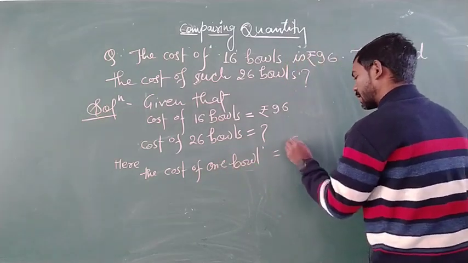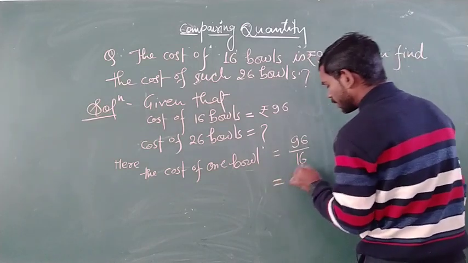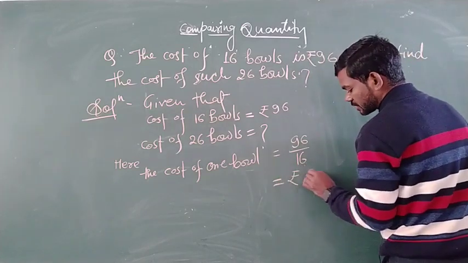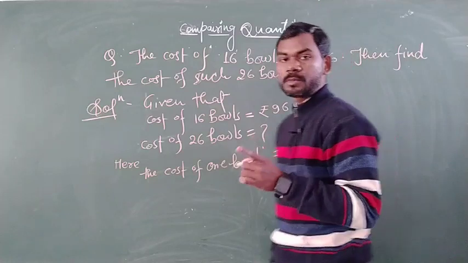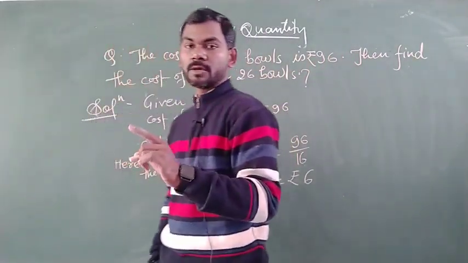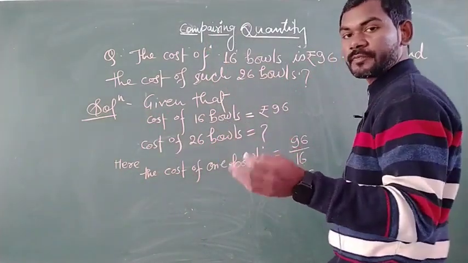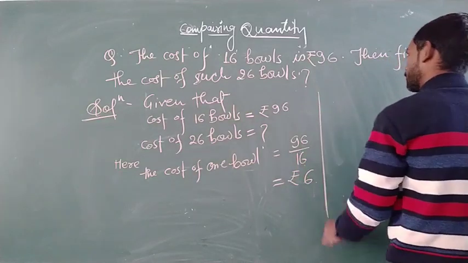So here 96 is divided by 16, and when we divide we get 6. So the cost of one ball is 6 rupees. Now if we get the value of 1, we can easily find anything.